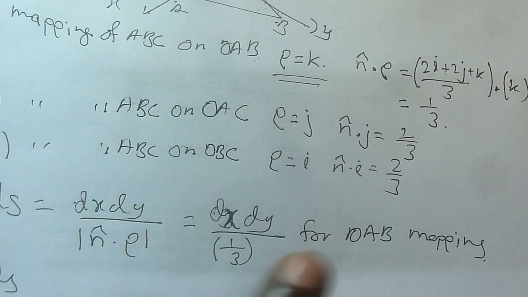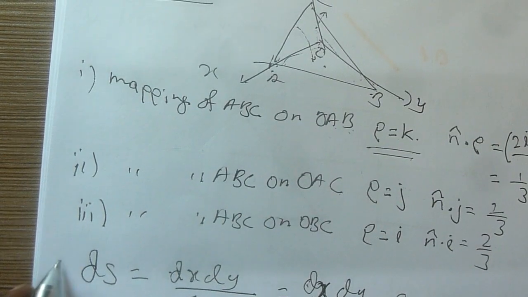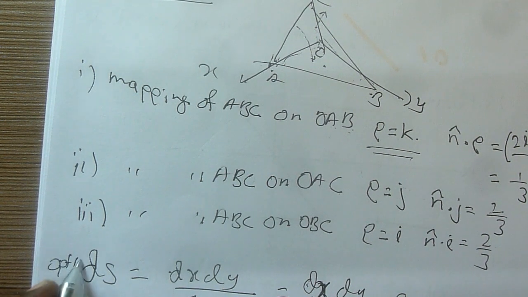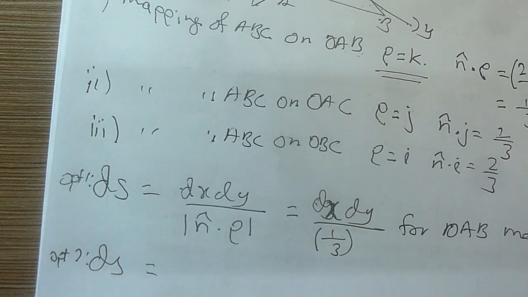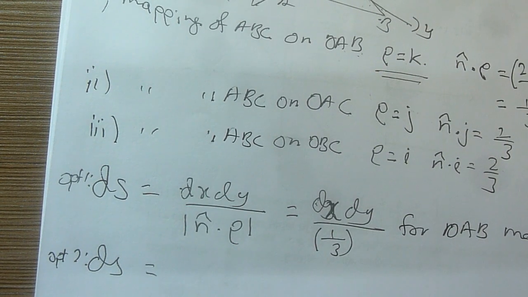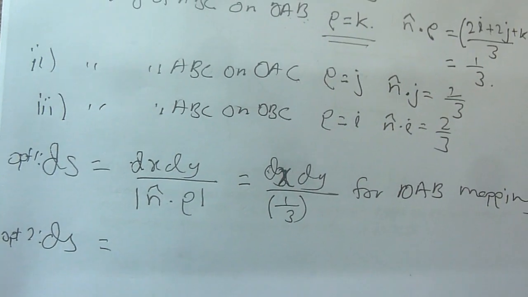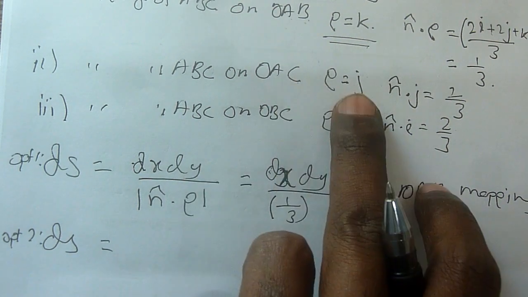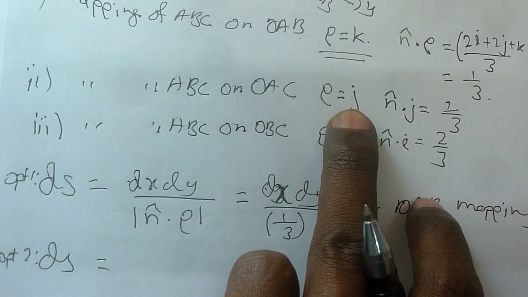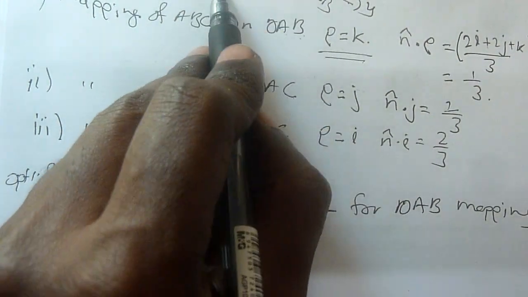Similarly, you don't need to calculate for all. I'm teaching, therefore try to understand. This is option 1, then option 2. What is the option 2? Just this is for the purpose of your understanding. I'm teaching. Rho J, which is OAC.